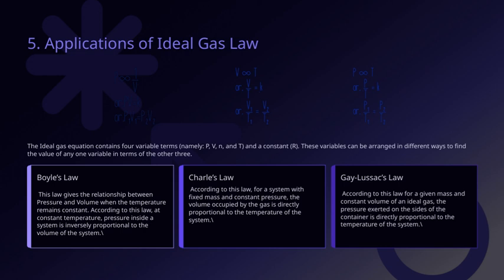Finally, the ideal gas law combines all these variables: pressure, volume, amount of gas, and temperature, along with the universal gas constant, R. By knowing how these variables relate, we can manipulate the law to find one variable when the others are known, which is incredibly useful in many practical applications. These laws are fundamental because they help us understand and predict gas behavior under different conditions, connecting directly to the overall theme of how gases respond to changes in their environment.